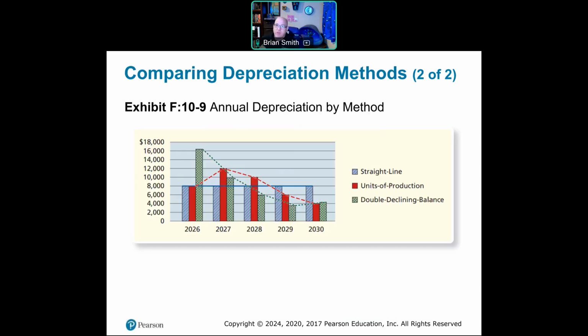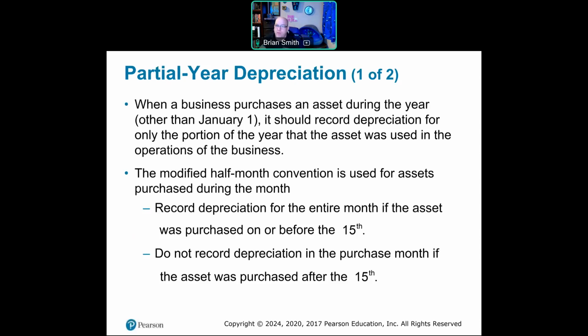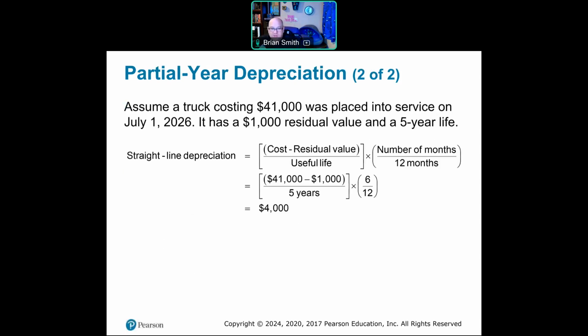Again, the book talks about MACRS. I'm not talking about that; you can do it for tax purposes, but I'm not doing that. Partial year depreciation, bottom line is if you calculate your regular depreciation, all you have to do is multiply it by the months. If you bought it on July 1st, you're only depreciating it for 6 months.